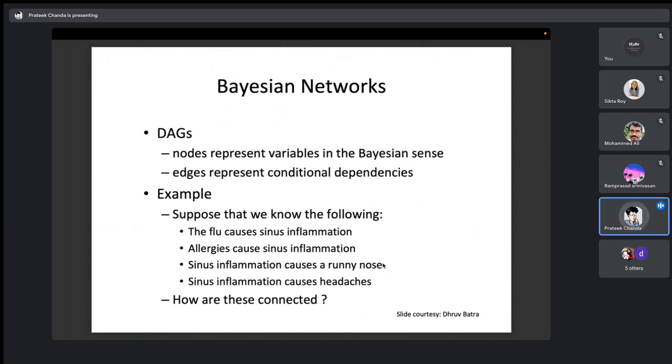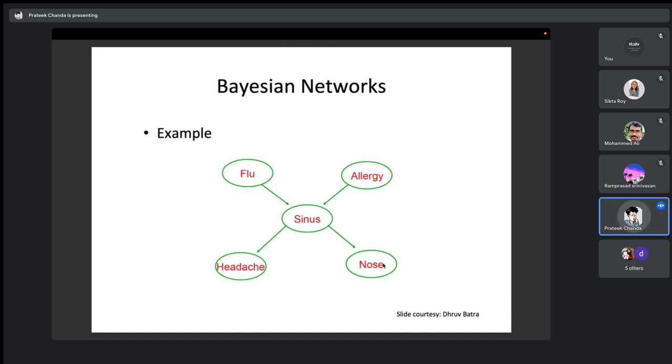So runny nose is another random variable, and there is a directed edge from the sinus inflammation node to the runny nose node, and so on. If you see the image here, flu goes to sinus, allergy goes to sinus also, and sinus gives rise to runny nose and headache. This is your Bayesian network structure, the graphical structure.